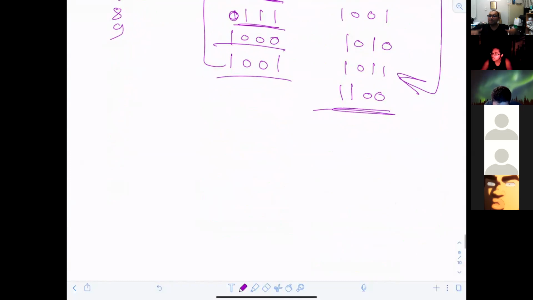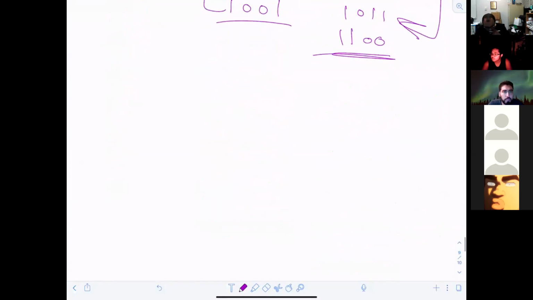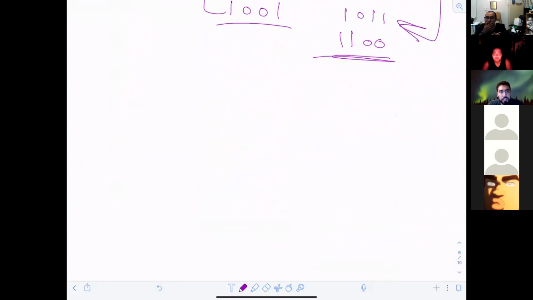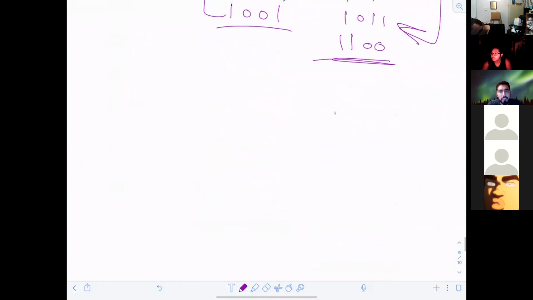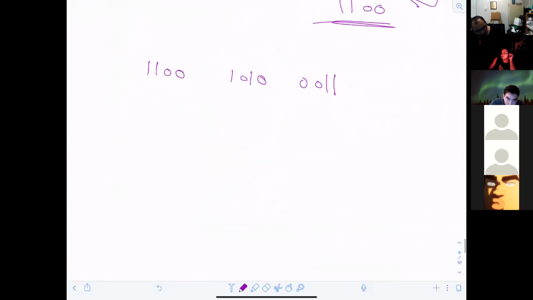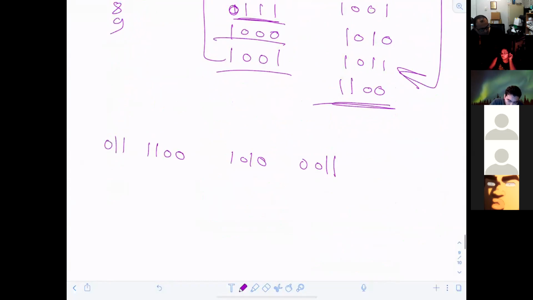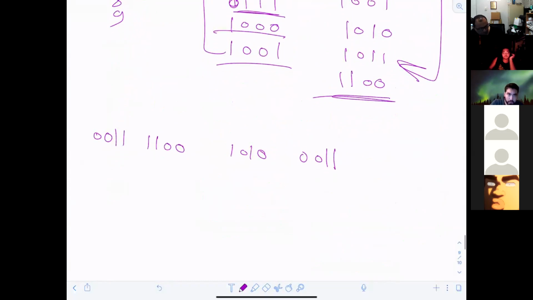So let's be really tricky. If somebody gives you a number in excess-3 and asks you for the BCD equivalent, what are you going to do? Let's see. So if I do it like this, 1 1 0 0 1 0 1 0 0 1 1 1 1 0 0.